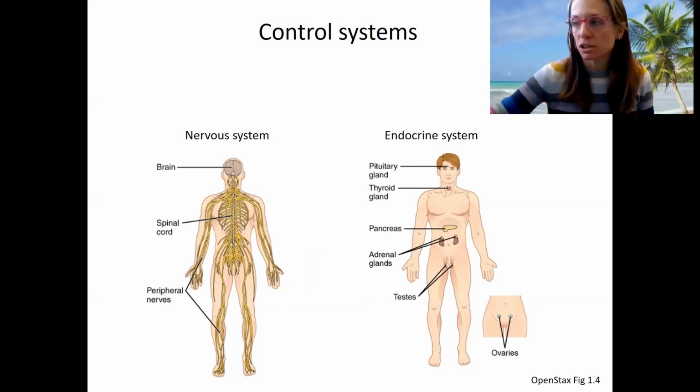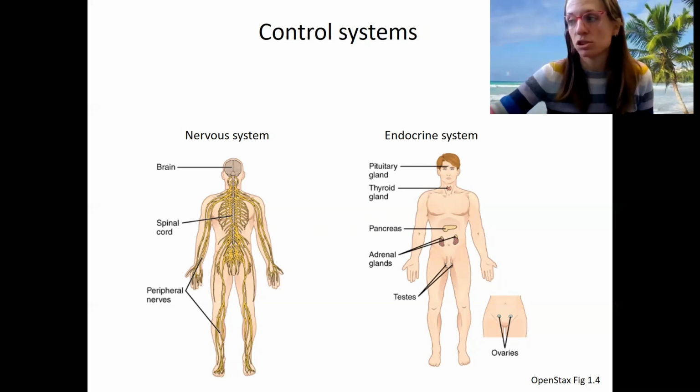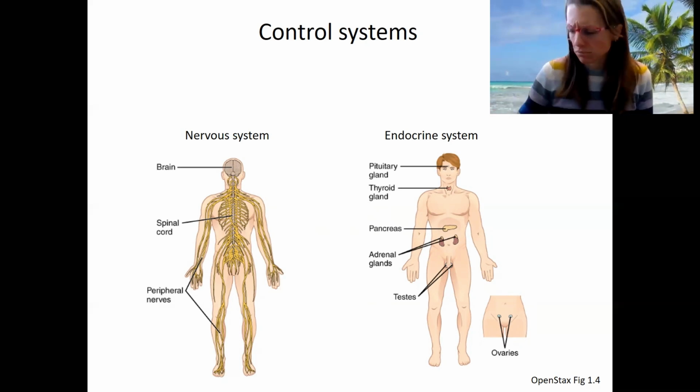I want to start with these control systems as a way to talk about the endocrine system and what's similar about these two control systems. Well, they both coordinate body functions, right? They both sense changes in the body and respond to those changes in order to maintain homeostasis. Could you think of a few more specifics that are similar about them?